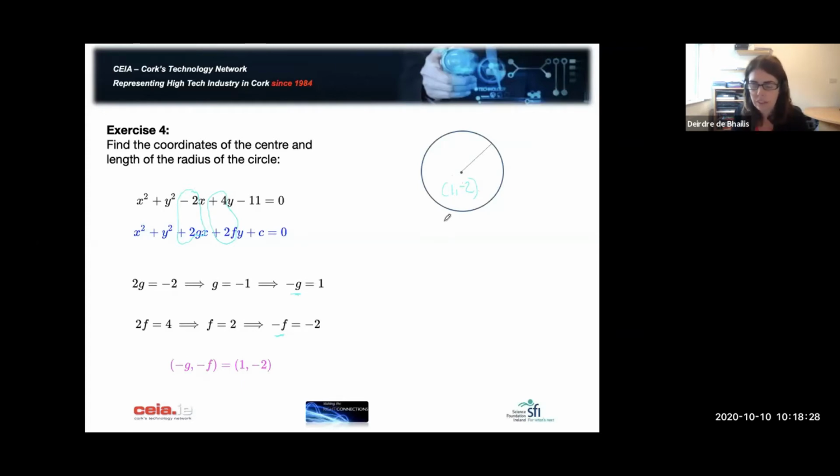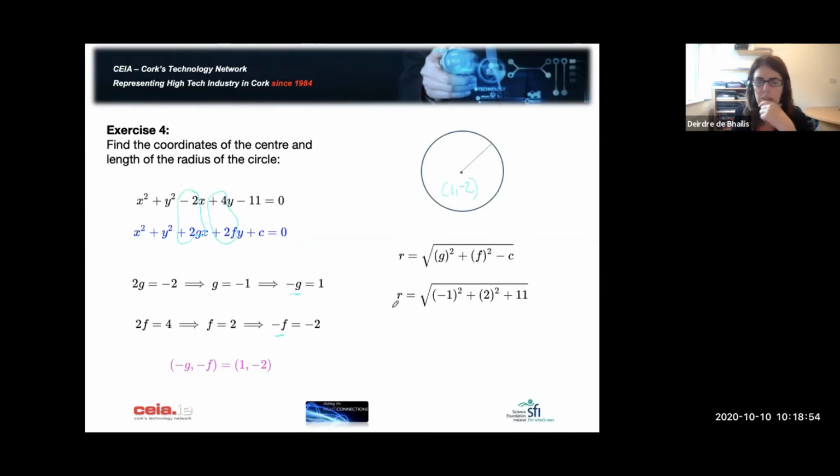Now we're looking for the radius, and again, in our tables, we're given the formula to calculate the radius from this format of the equation. That's r is equal to the square root of g squared plus f squared minus c. So populating that, g we know from here is minus 1.